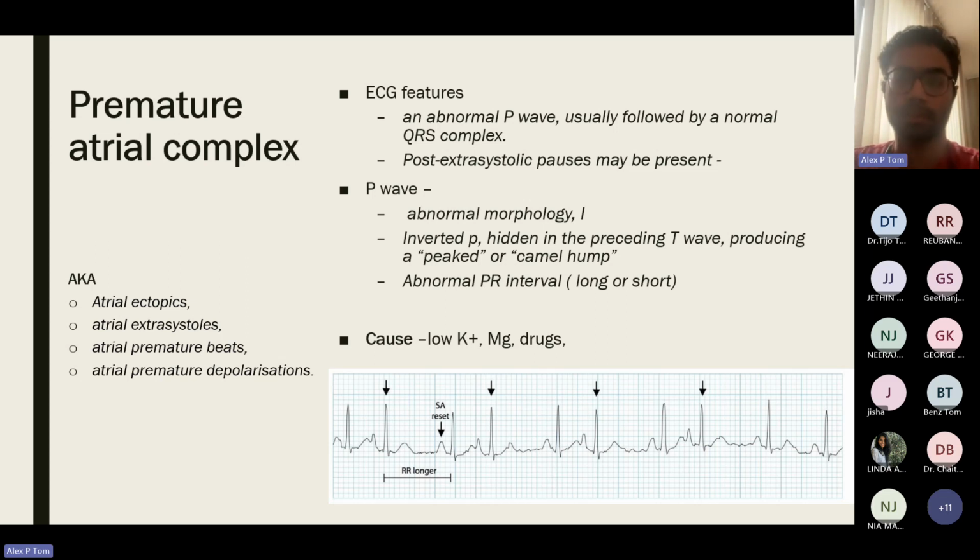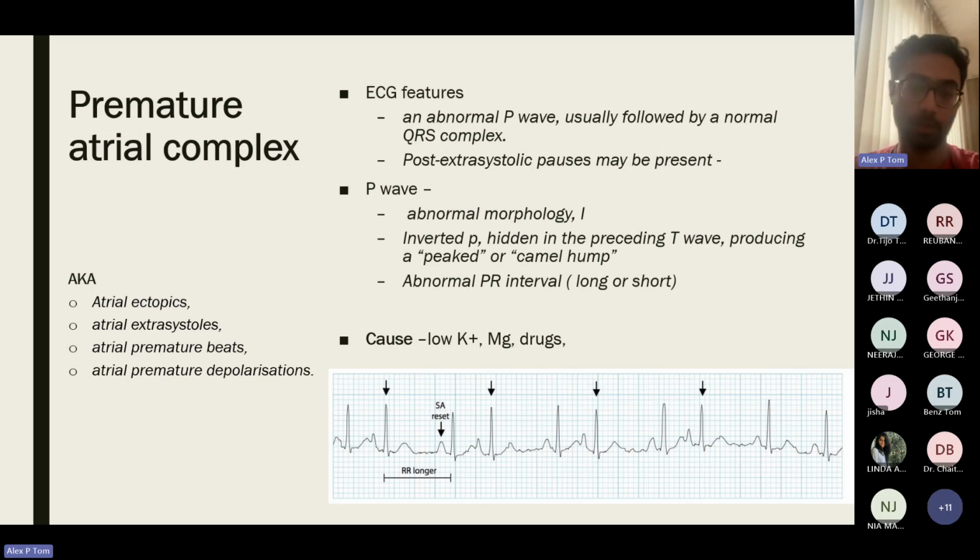So what is the clinical significance of these things? This would be because of atrial enlargement, ischemic heart disease, or something like that. The problem is when you see too many premature atrial complexes in an ECG, you need to worry whether the patient can go into atrial fibrillation, flutter, or some other supraventricular rhythms that can cause an arrhythmia for the patient.